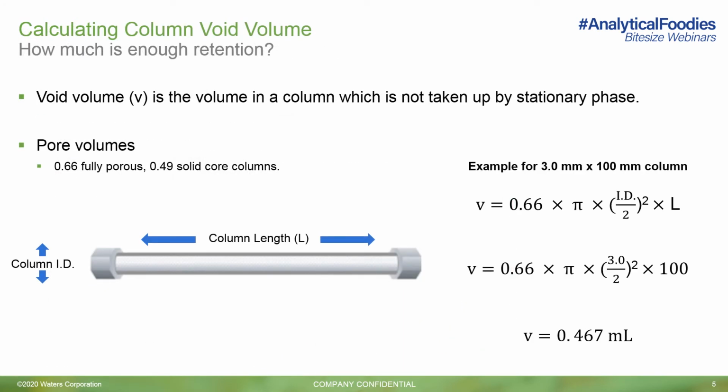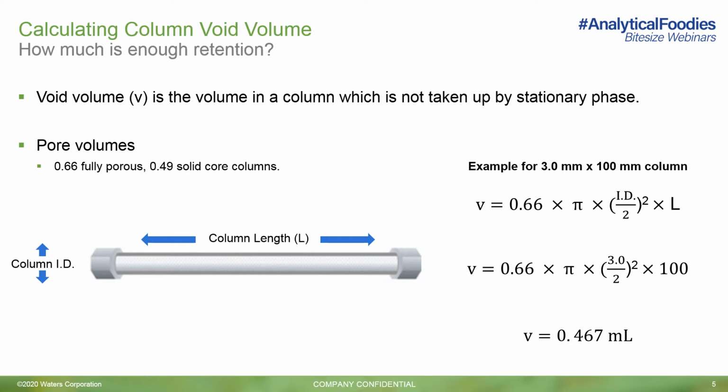This is an example of the calculation we can use to estimate the void volume of our column. To get a more accurate answer of the column void volume, we need to inject a compound that will not retain on our stationary phase. The void volume, or V0, is the volume of a column which is not taken up by stationary phase. To calculate this, we need to take the pore volume of the column stationary phase, which is typically either 0.66 for a fully porous column or 0.49 for a solid core column, in the case of Waters columns.